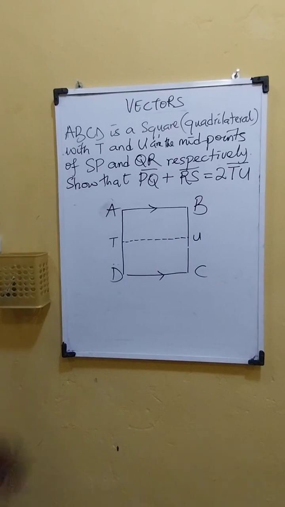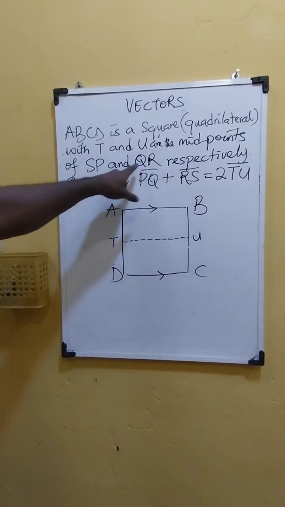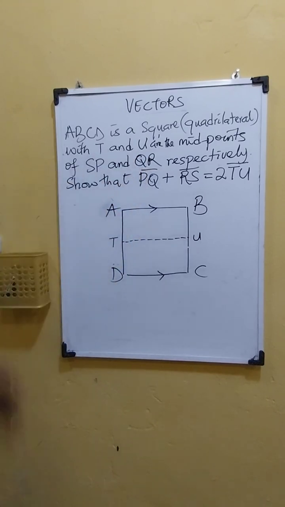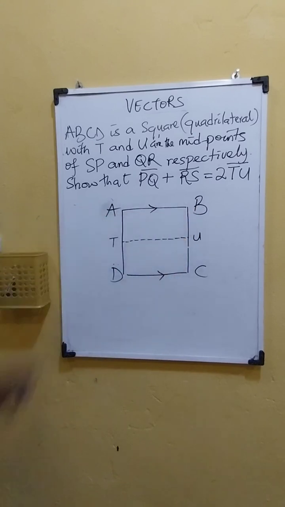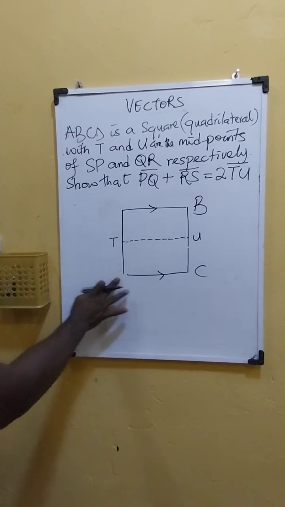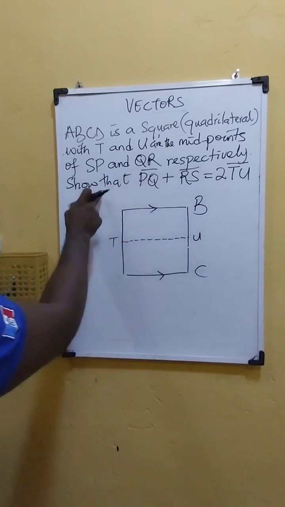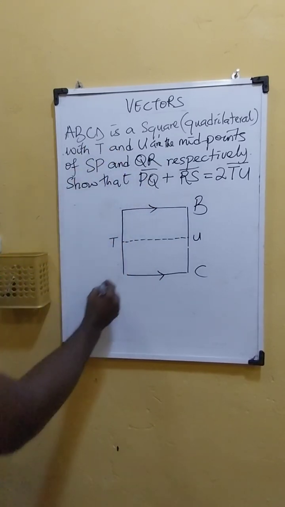So we go back to the question again. It says the midpoint of SP and Q arrow. That means we need to actually take out AB now. So SP. The first midpoint, T, is of SP.